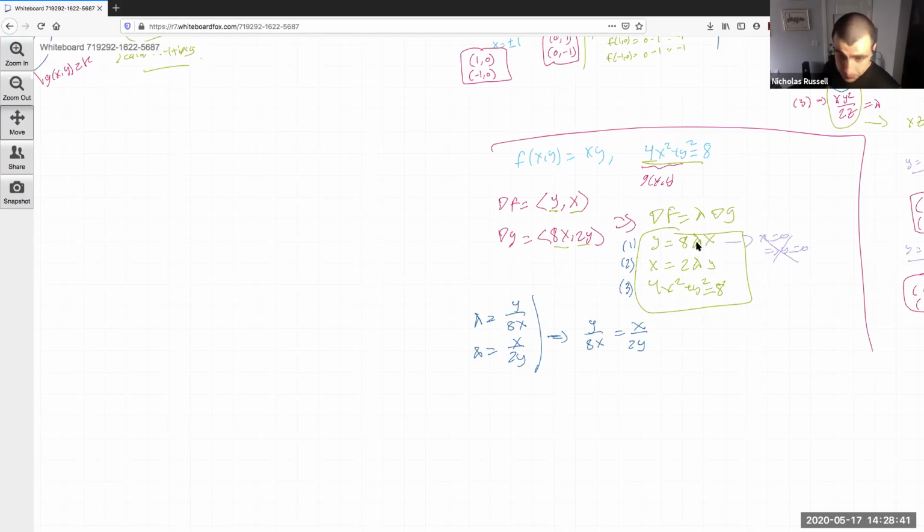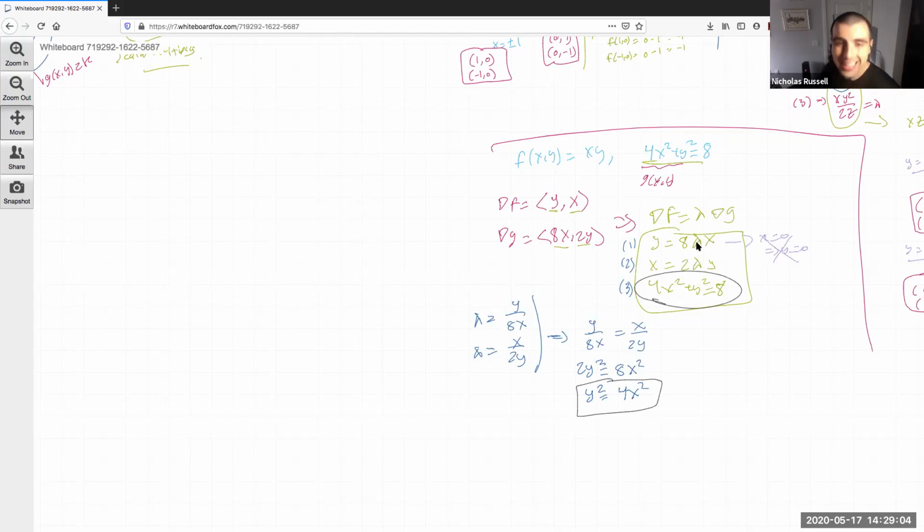That's not too bad. I can cross multiply here. I can get 2y squared is equal to 8x squared. Or maybe more formally, y squared is equal to 4x squared. And now what's really nice, I hope you'd agree, is I have this system and this last constraint.